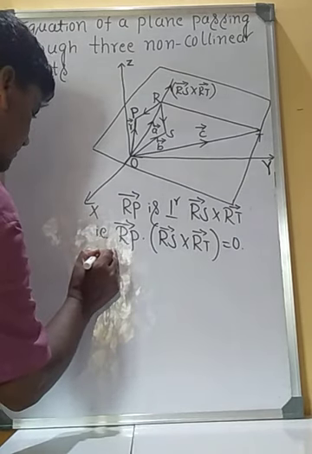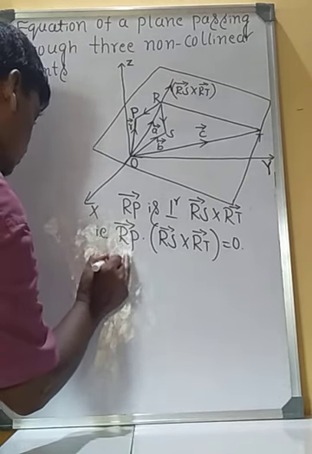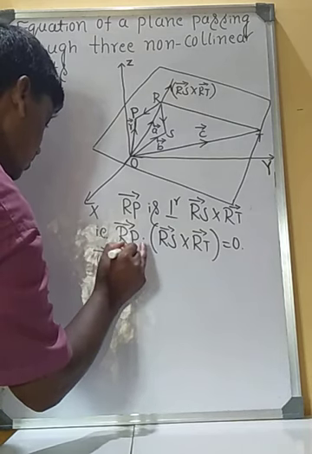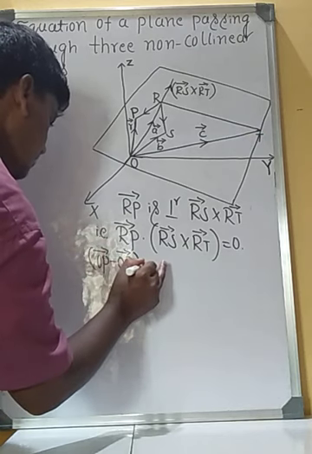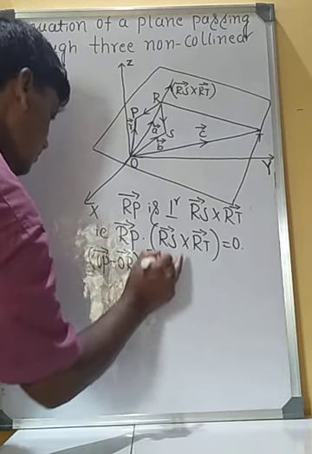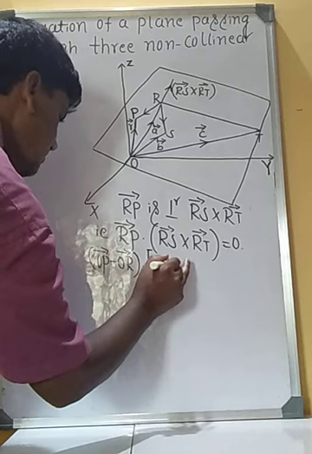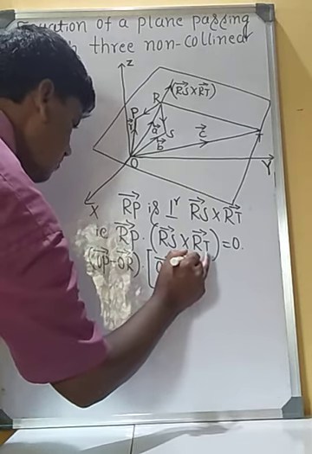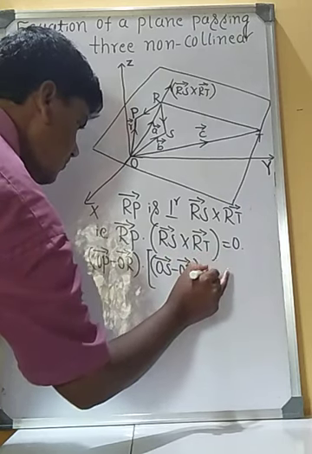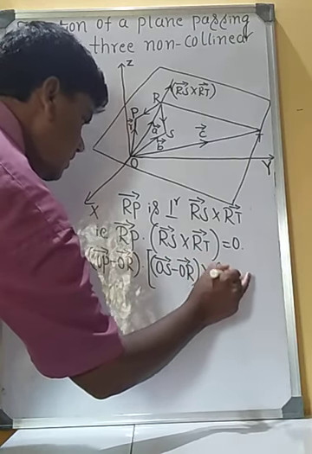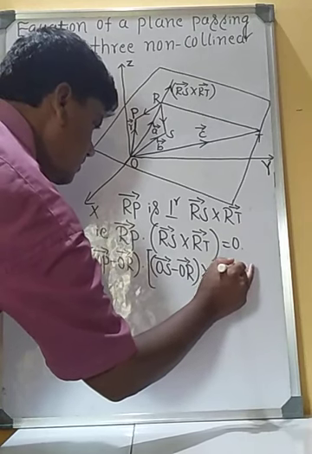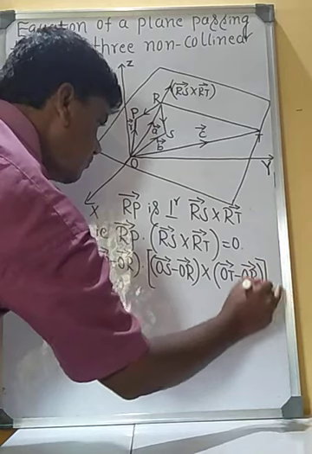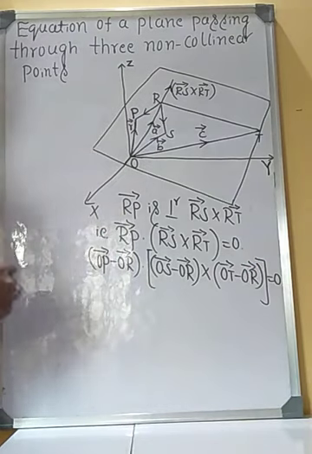RP vector can be written as OP minus OR, dot RS vector, which can be written as OS minus OR, cross RT vector, which can be written as OT minus OR, equal to 0.